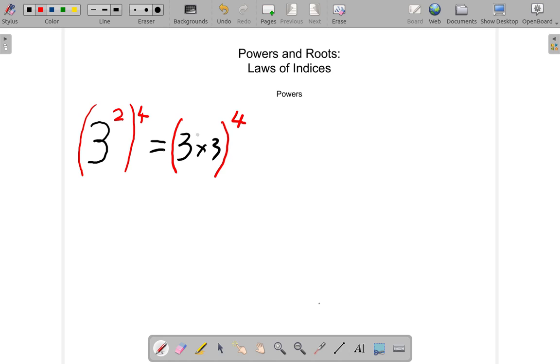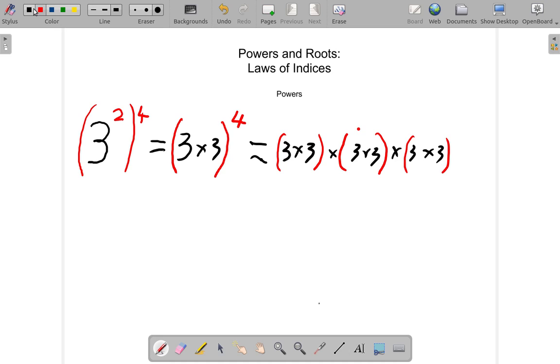Now a number raised to the power of 4, what does that mean? It means you have 4 of that number and they all multiply. So you have 3 by 3. So that is one of them. Then multiplied by 3 by 3. That's the second one. Then multiplied by 3 by 3, but let me put it in bracket.